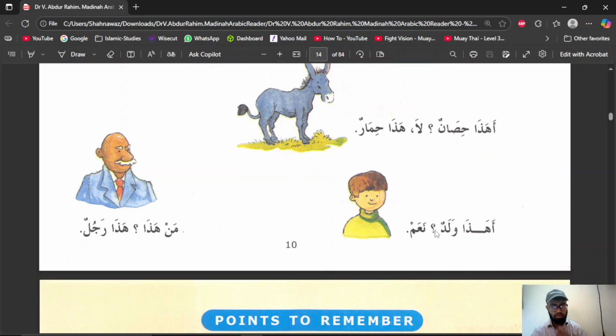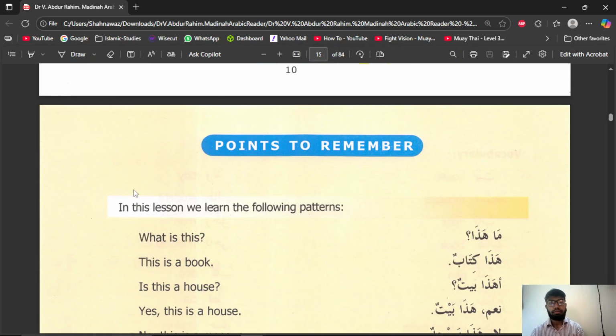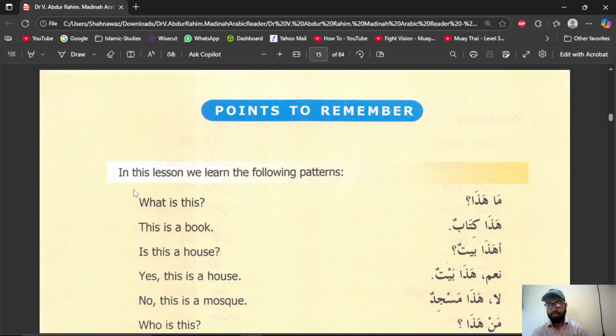Ahada waladun. Is this a boy? And yes, it looks like a boy. So we say na'am, yes. Man hada, who is this? So this is a man, so we say hada rajulun, this is a man. All right, so now we come to the very important part of this lesson one, some of the points to remember.